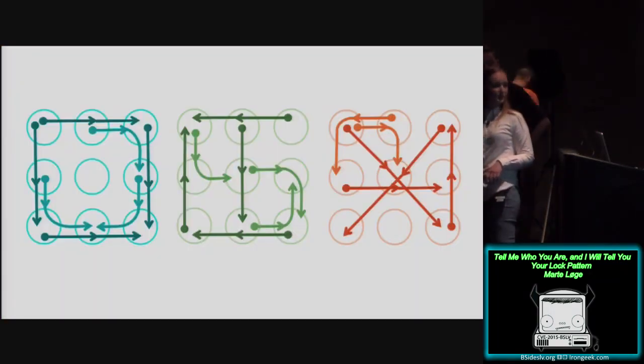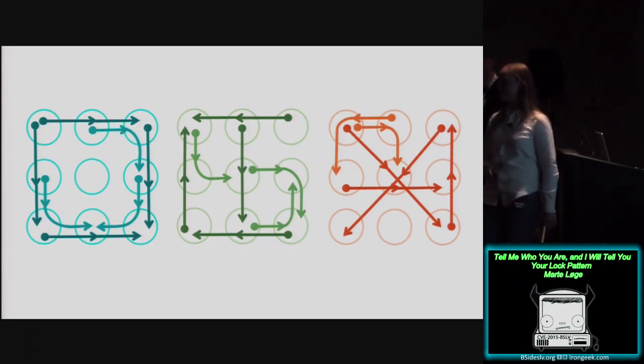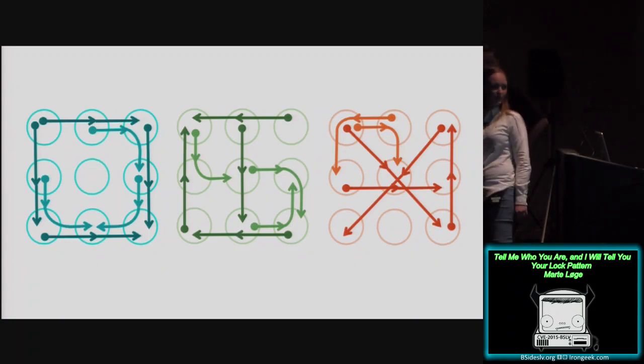So patterns starting from here, going that way and that way. So probably the L. Yeah. But these ones are actually 21% of all the patterns, either started using these three nodes or these three nodes.